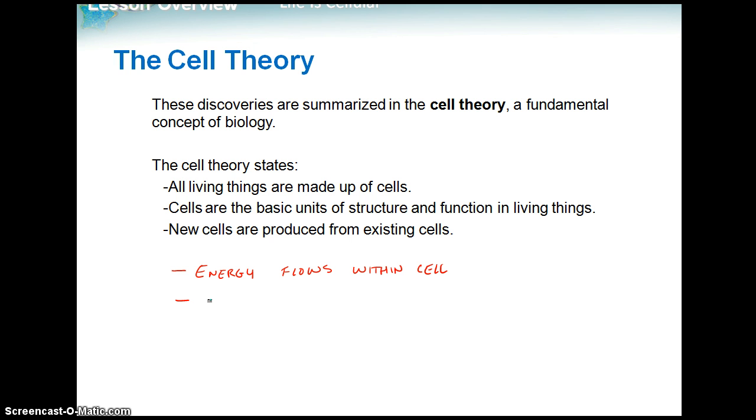The second thing is that hereditary information, otherwise known as DNA, is going to be passed from an old cell to a new cell. And the final thing that we've added to the cell theory is that all cells have the same basic chemical structure or chemical components.